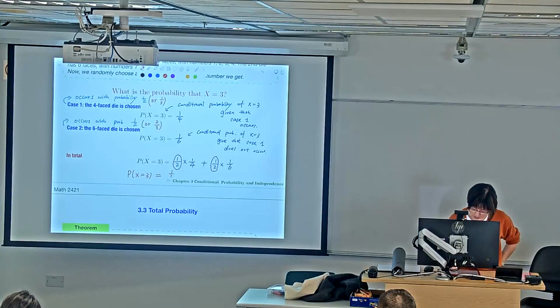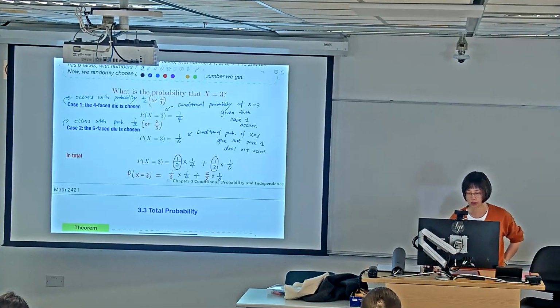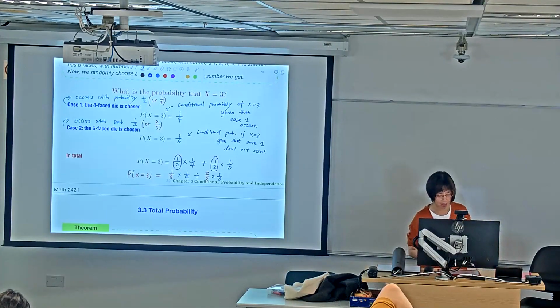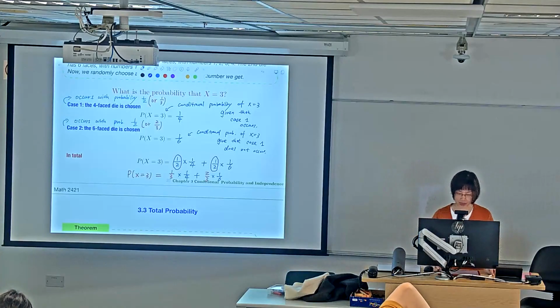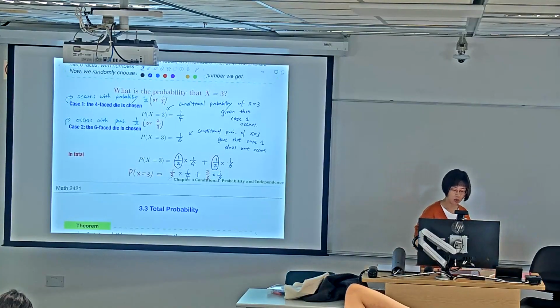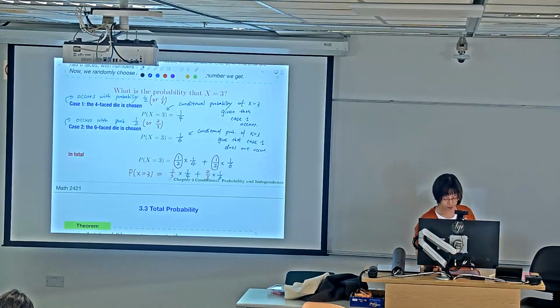So it's 1/3 times 1/4 plus 2/3 times 1/6. So it's still a weighted average of this conditional probability given that case 1 occurs or not.